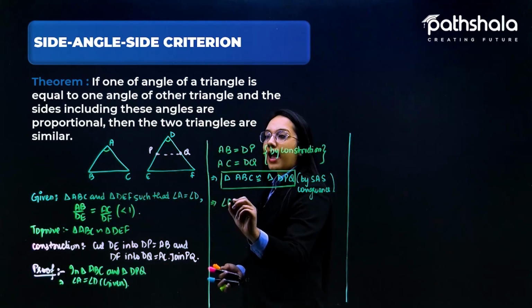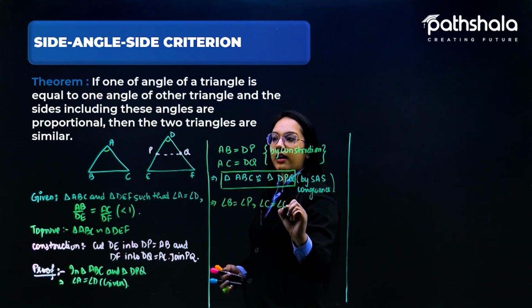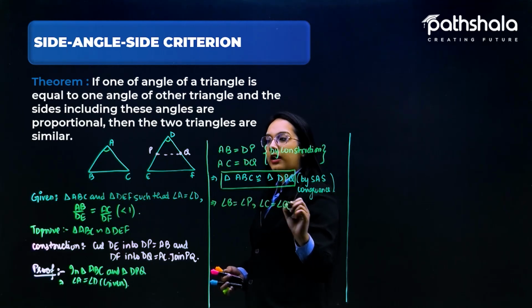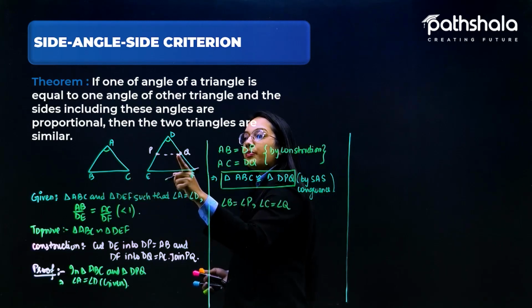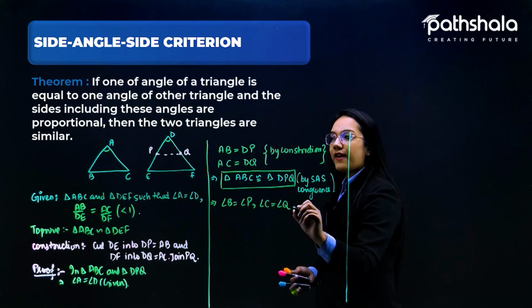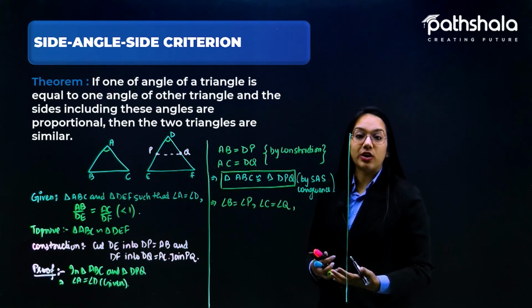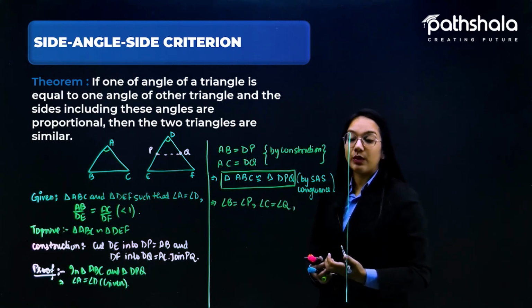So it implies angle B is equal to angle P, and further angle C is equal to angle Q. Their angles are equal, and further their corresponding sides are also equal. We can say BC is equal to PQ.